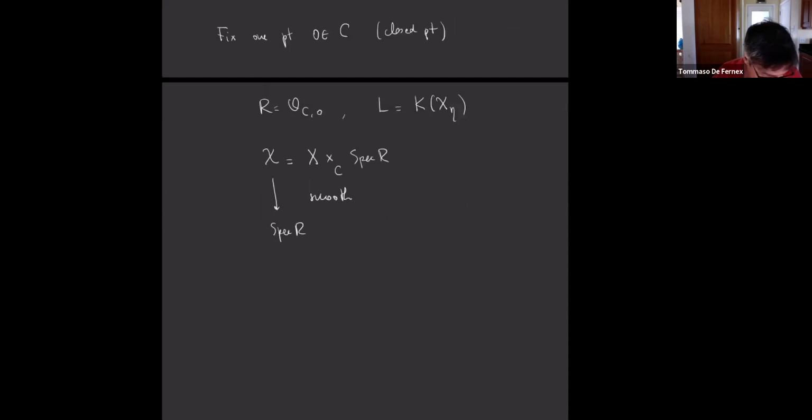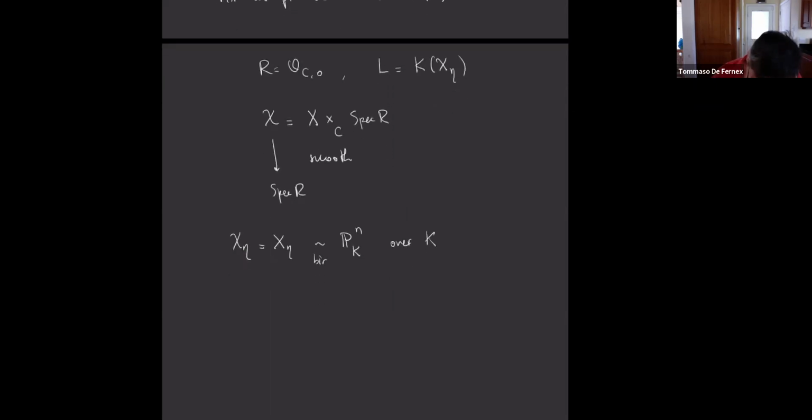So the generic fiber of this model is the same thing as X theta. So this is rational. So it's birational to some P^n over capital K. Well, that's the same thing as saying that the simple normal crossing model is birational to P^n over R. Okay?